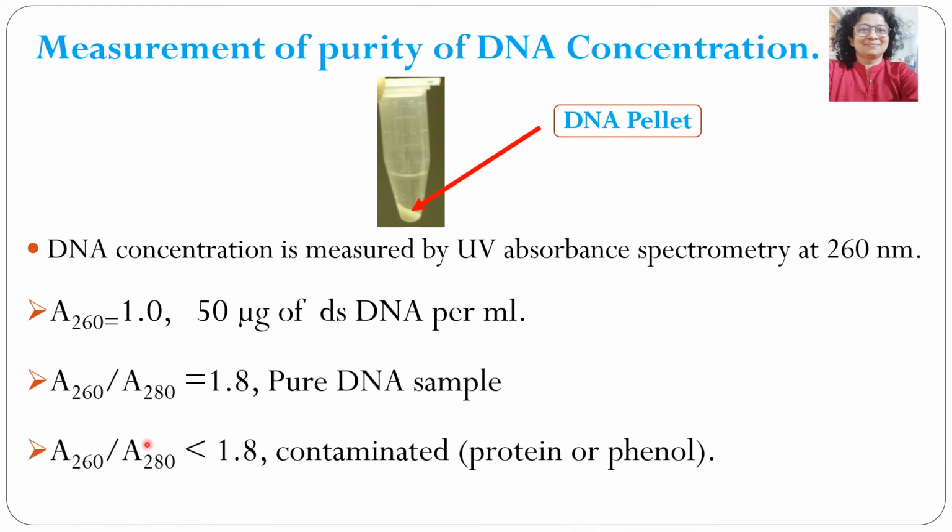If the ratio of absorbance is less than 1.8, it is contaminated by protein or phenol, and it indicates that the whole procedure has to be repeated in order to get pure DNA. This is how the absorbance is interpreted.